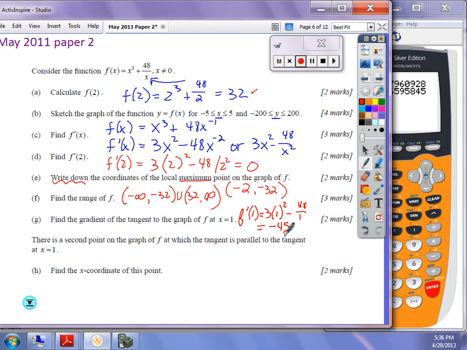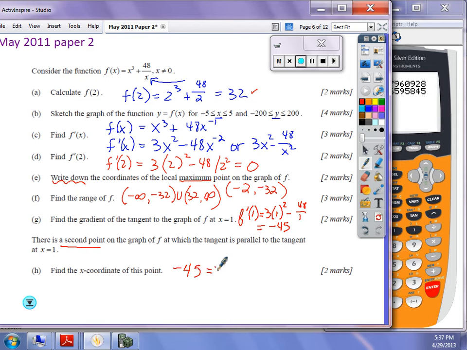And now I'm asked to find a second point on the graph at which the tangent is parallel to that. It's also equal to -45. So I can do a couple things. I could say, well, the first derivative has to be equal to -45, and I can solve for x.